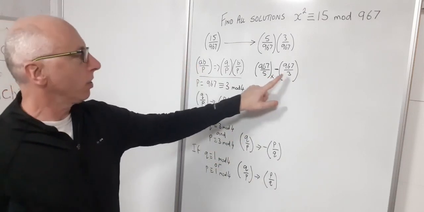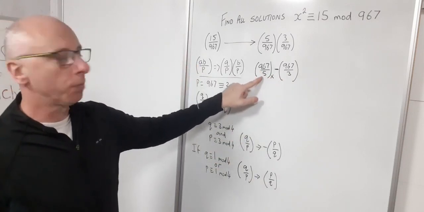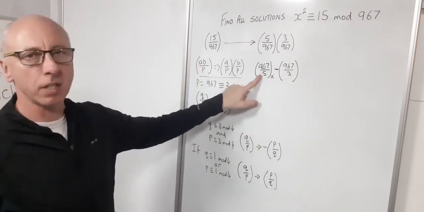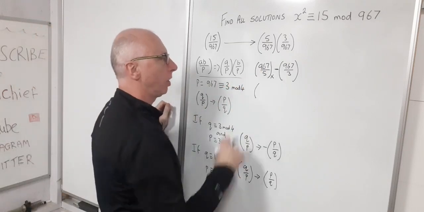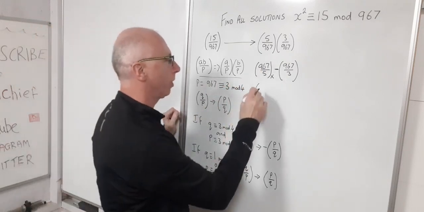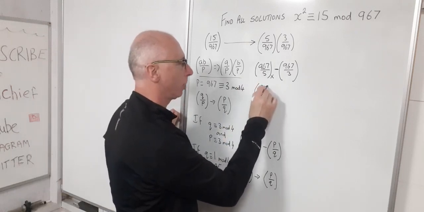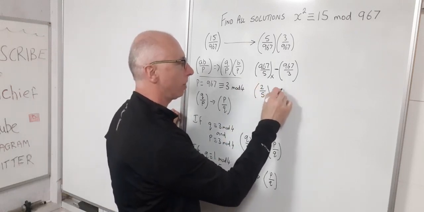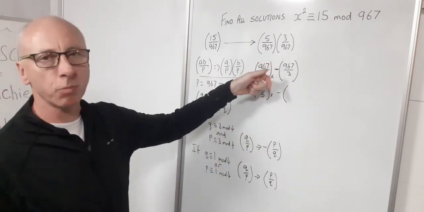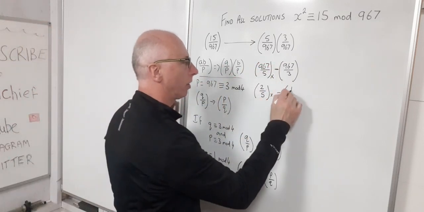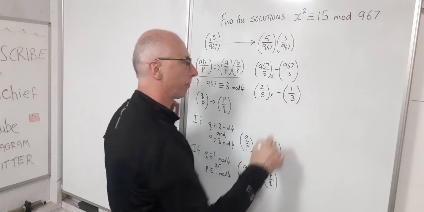Now let's simplify these off, as these are congruent with 5 and congruent with 3. 967 modulo 5 is the same as 2, so that becomes (2 over 5). And then (967 over 3) becomes (1 over 3), since 967 is congruent with 1 modulo 3.